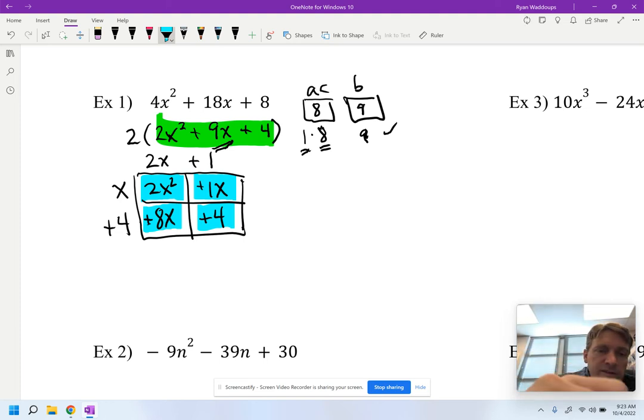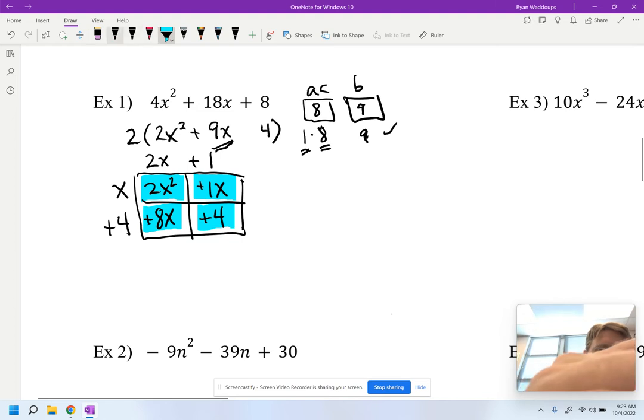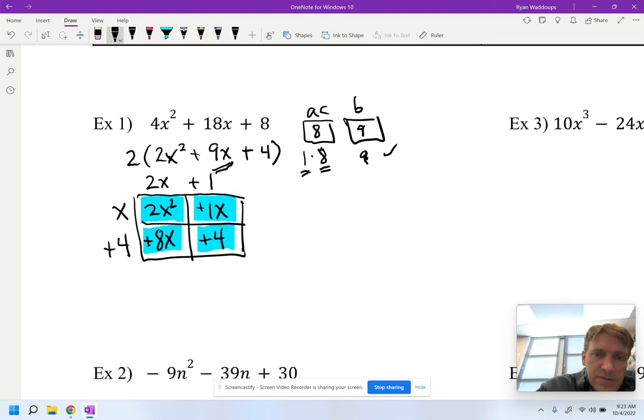So everything in this polynomial here is represented in the box.